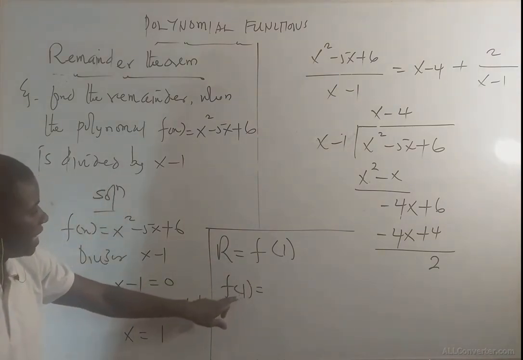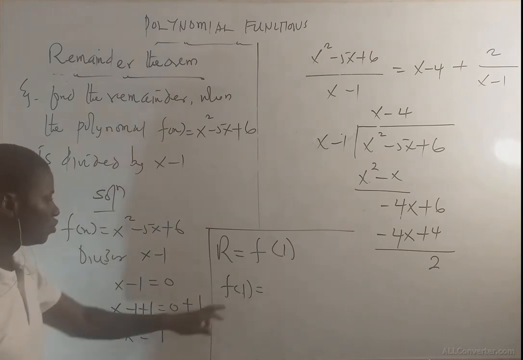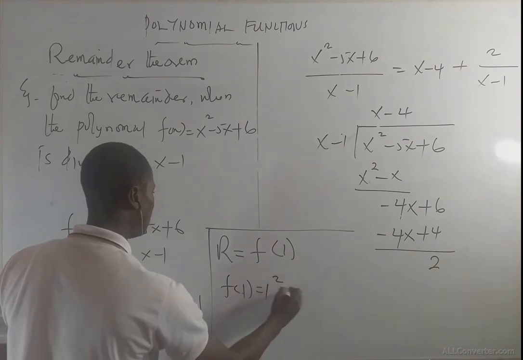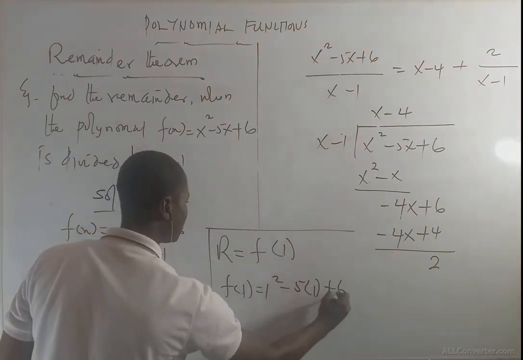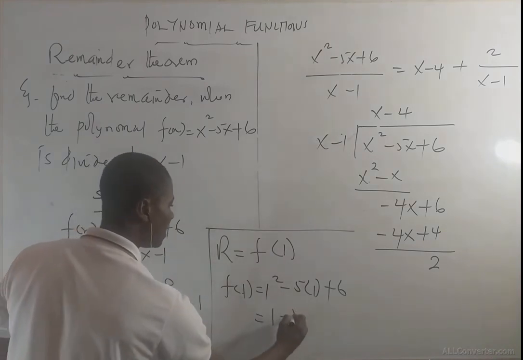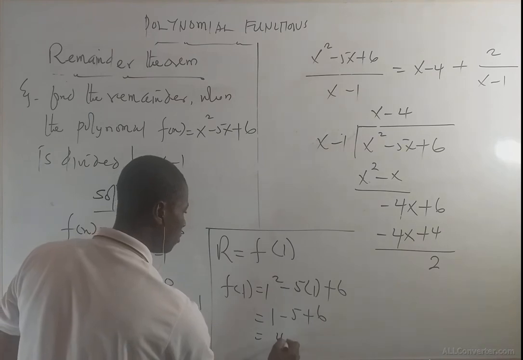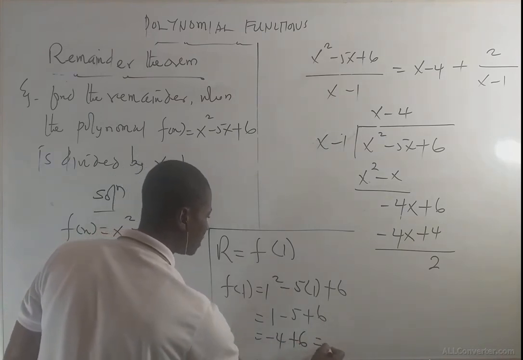That means wherever you see x in the polynomial function, you substitute that by 1. So f of 1 will be equal to, instead of x squared, 1 squared minus 5 times x, which is 1, plus 6. 1 squared is 1, minus 5, plus 6. 1 minus 5 is minus 4. So plus 6 will give us 2.